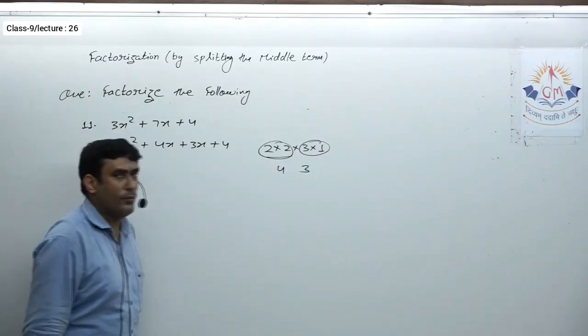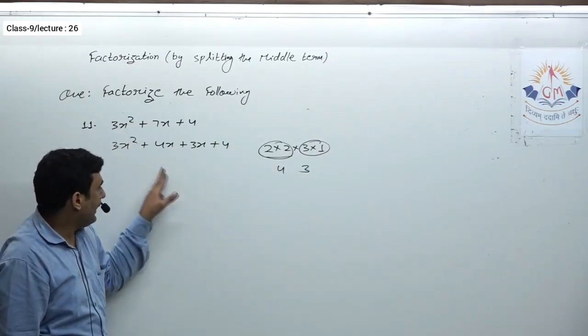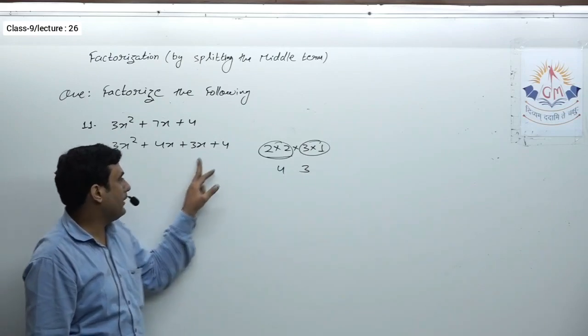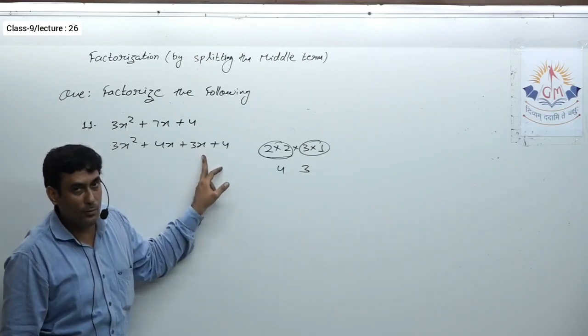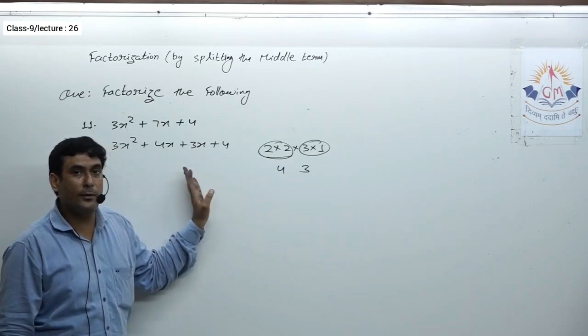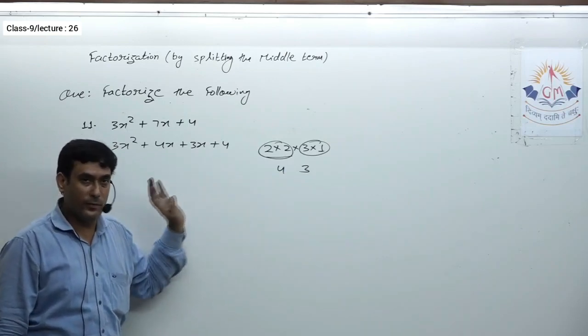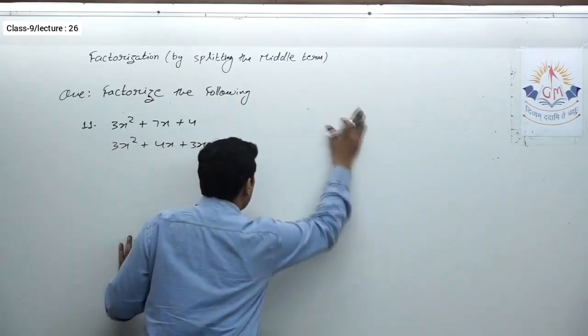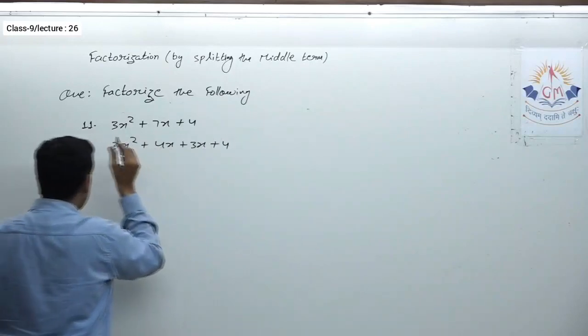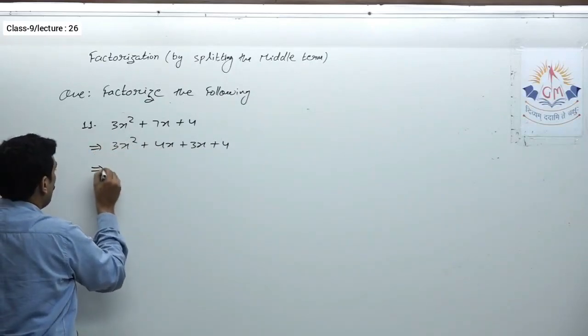Now some of you might think if we write 3x over here and 4x over here, then it will be easy to take common. Yes, definitely that will be easy to take common, but ultimately your answer will be the same. So that you do on your own. I am solving according to this arrangement only.